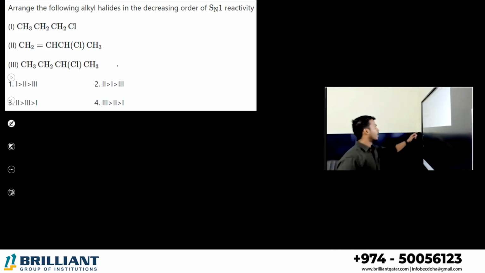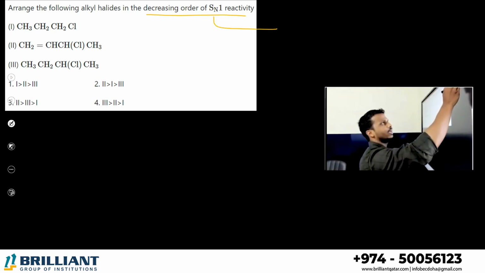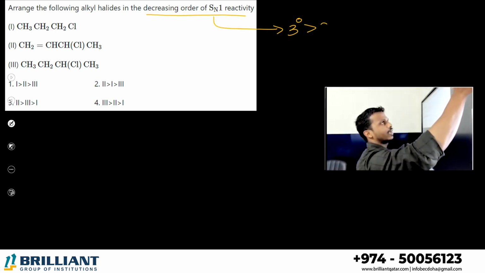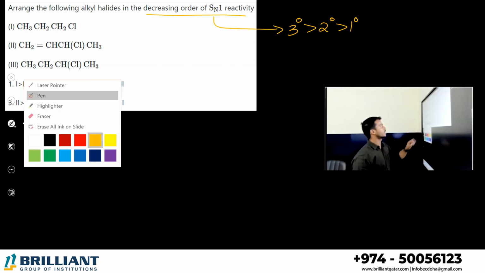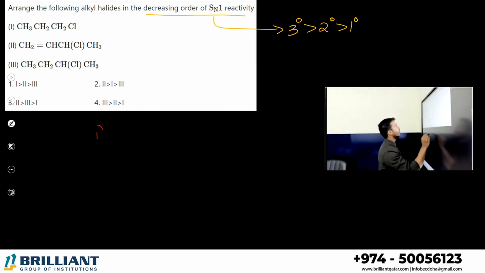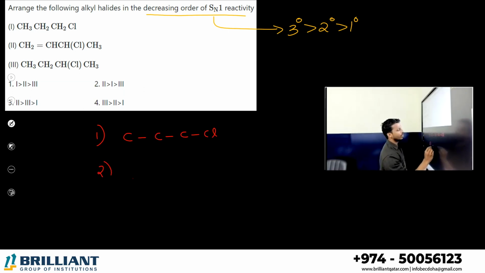Yeah. Next. Arrange the following alkyl halides in the decreasing order of SN1 reactivity. What is the order of SN1 reactivity? Tertiary greater than secondary greater than primary. Let me write it faster. What is the first compound? CCCCl. What is the second compound? C double bond C and Cl, CH3.